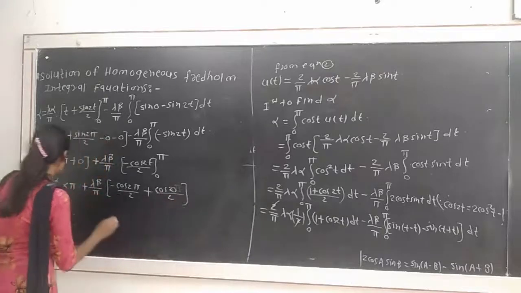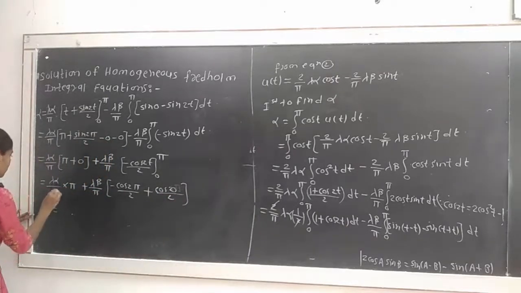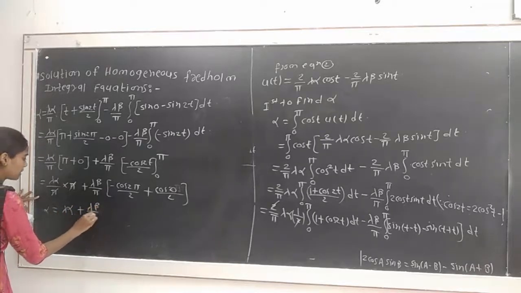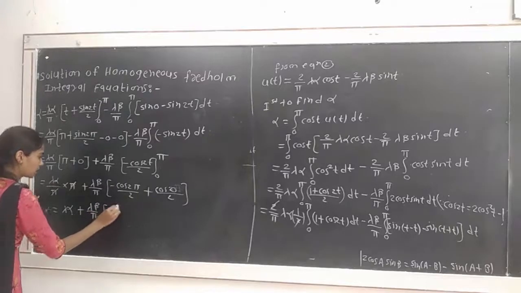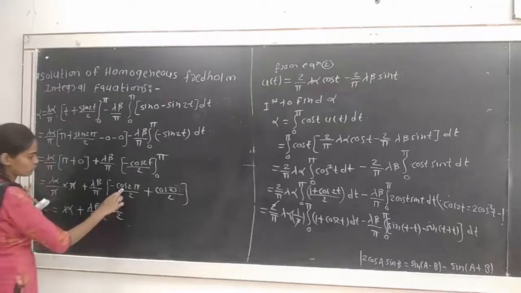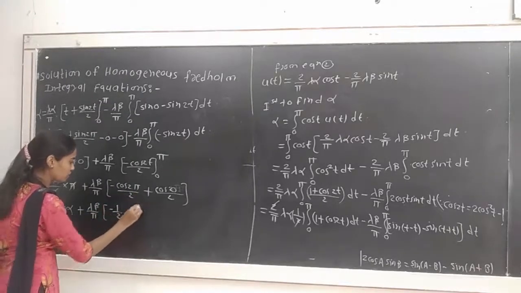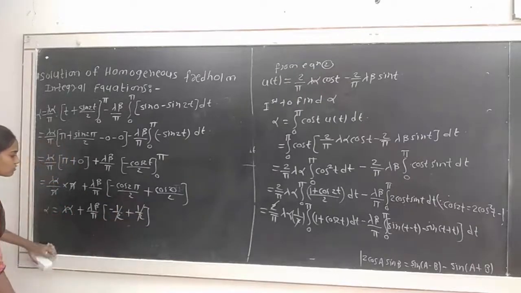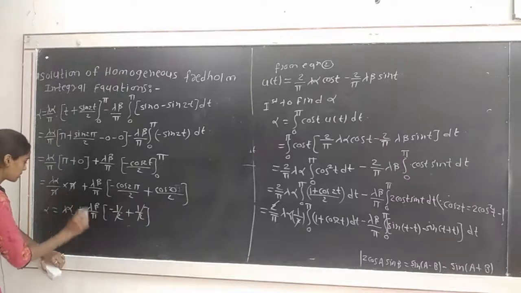Okay, so we get alpha is equal to this pi cancel, lambda alpha plus lambda beta divided by pi in bracket minus 1 by 2, cos 2 pi will be 1 and cos 0 is 1. So here minus 1 by 2 plus 1 by 2 becomes cancelled, so this term becomes 0.